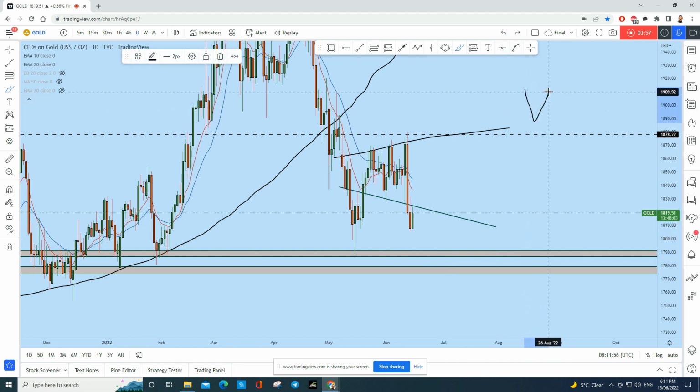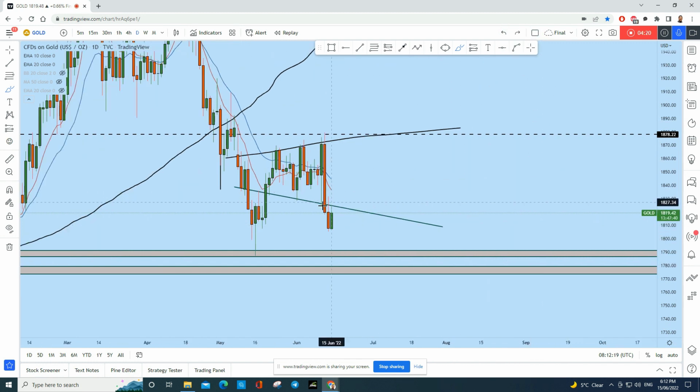If you see any kind of pattern that broke one side, then created a false breakout and started to move in the other direction, it means that gold may start its trend in the other direction. That means it has created a false breakout to the upside, now broke down, meaning it could continue its trend to the downside.